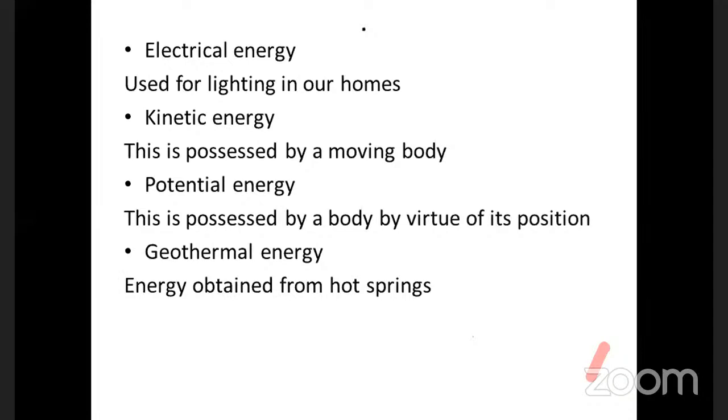Let me go to the chat and find out. Queen, what is the hot spring? Queen, you are not talking.